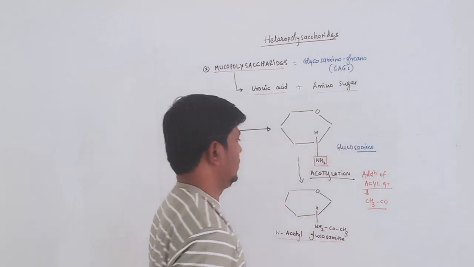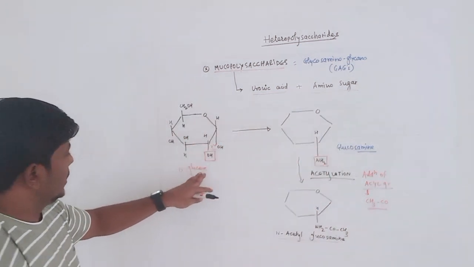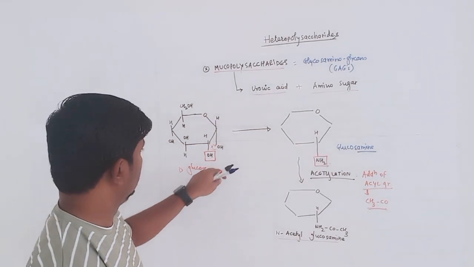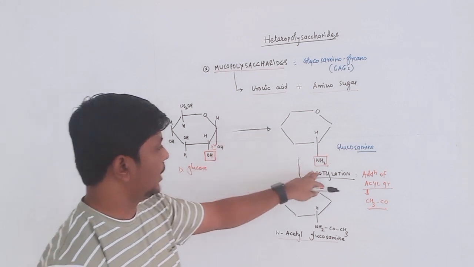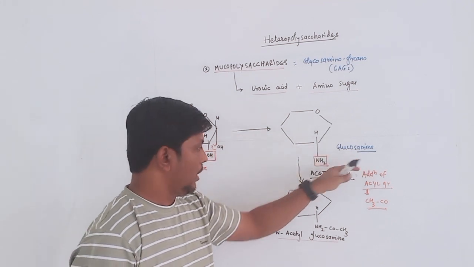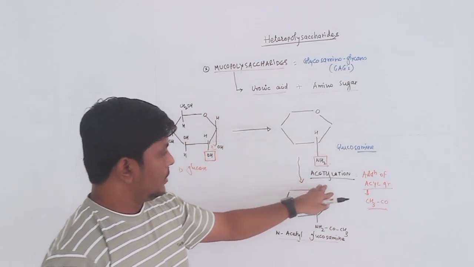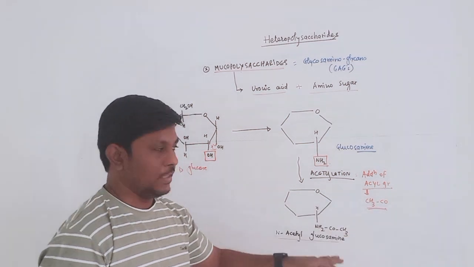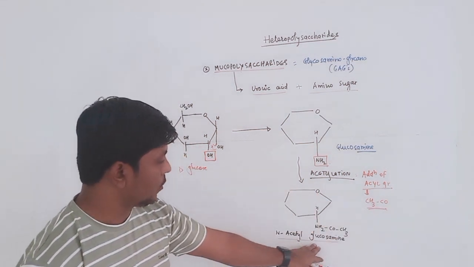So the process happens in that way: on the second carbon atom of the glucose molecule, the hydroxyl group gets replaced by the amino group, converting glucose into glucosamine, and the further acetylation, that is addition of an acyl group, commonly CH3CO, gives N-acetyl glucosamine.